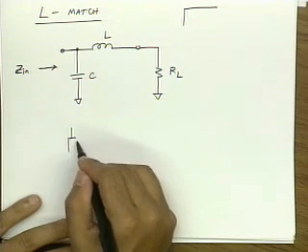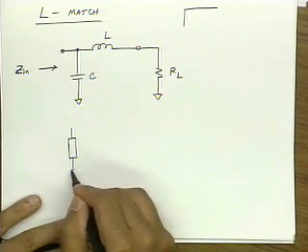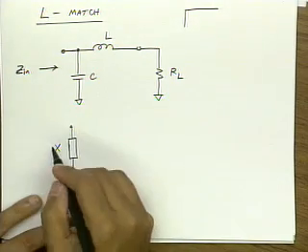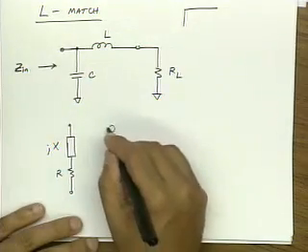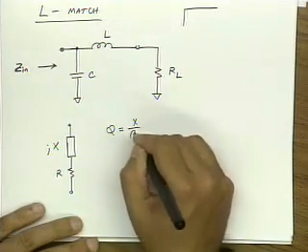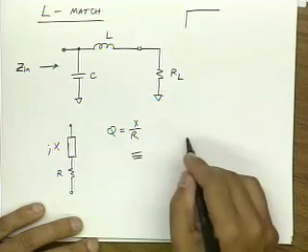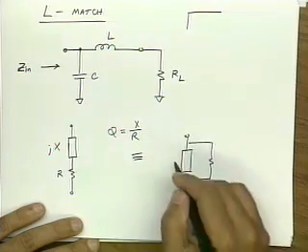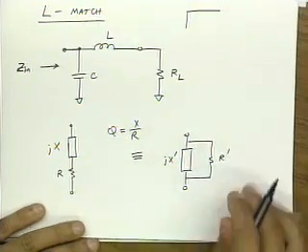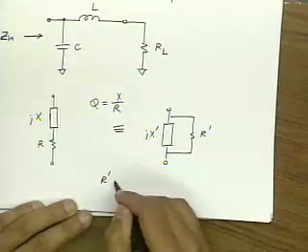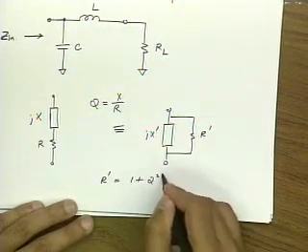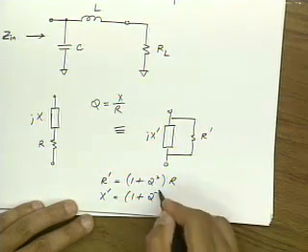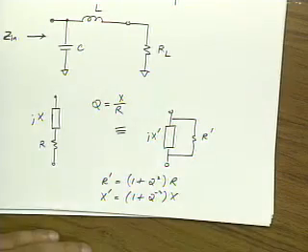Remember last lecture we saw that at any given particular frequency, if we have a jX and an R, and we can define the series Q as X over R, then this is equivalent to jX prime and R prime, and we found that R prime is 1 plus Q squared times R, and X prime is 1 plus Q to the minus 2 times X.